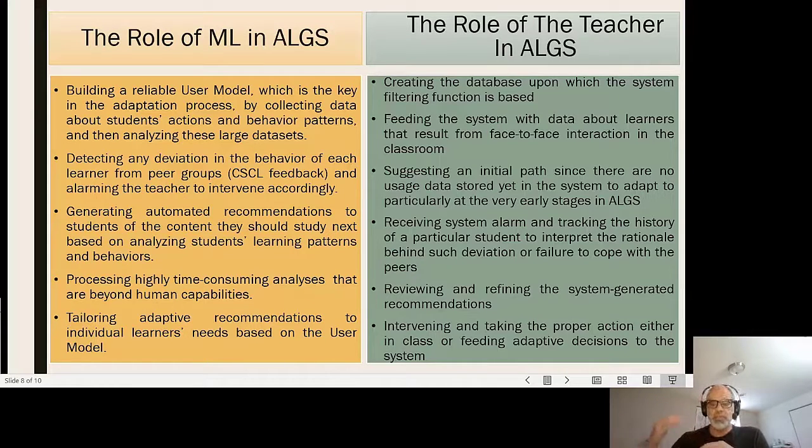So we can have a pre-assessment and then an initial path that's set by the teacher, receiving a system alarm that's tracking the history of a particular student if they are exhibiting behavior that is totally outside.